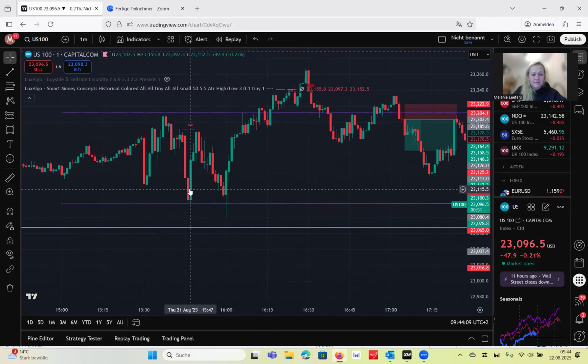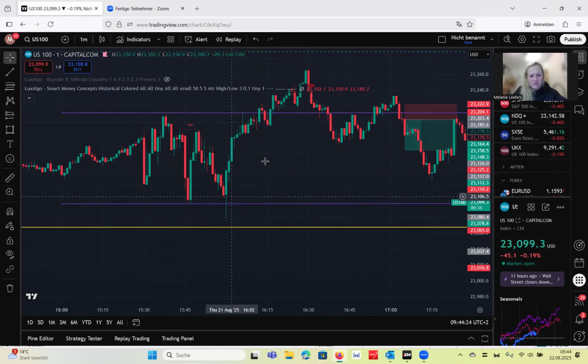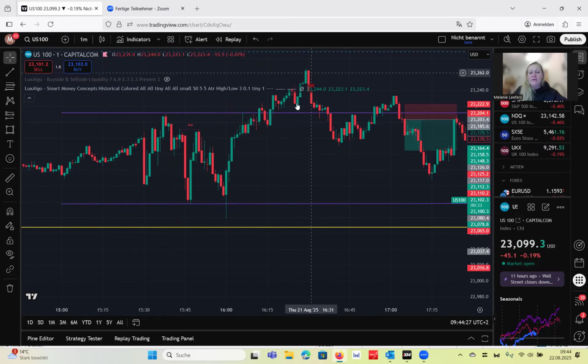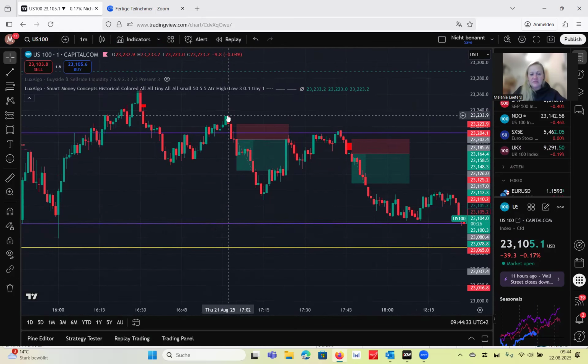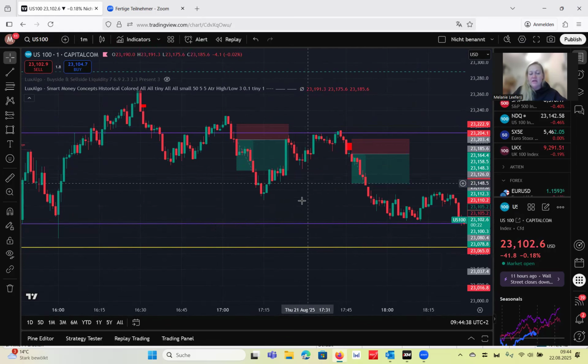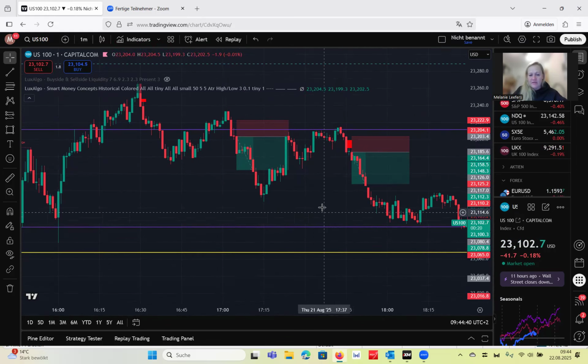So this here is the opening at 9:30 New York time, and there was no bullish order block. Of course, it's already removed because we have a new day, so you cannot see the order blocks anymore. But this here was a bearish order block. This was a bearish order block. So these were all the winning trades.